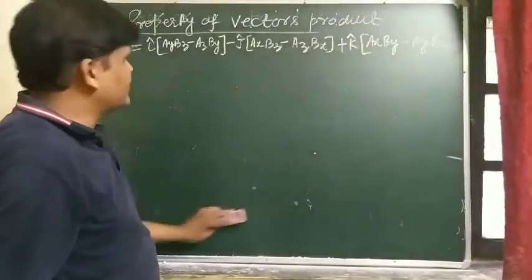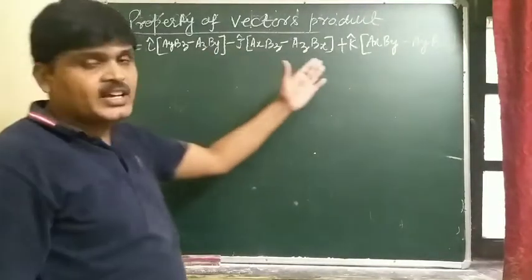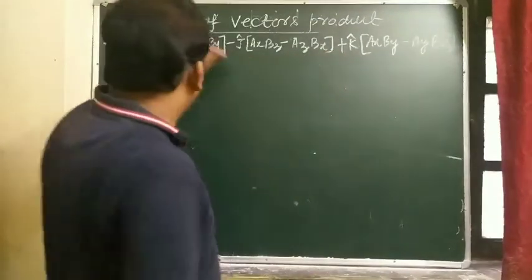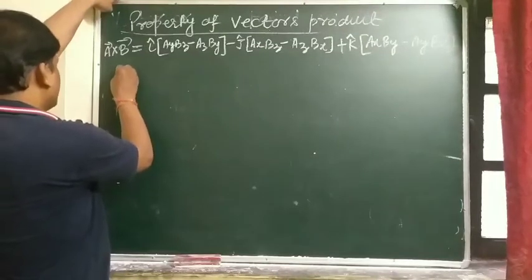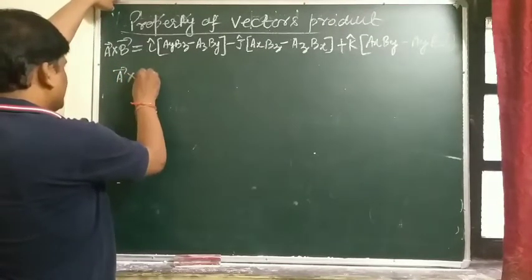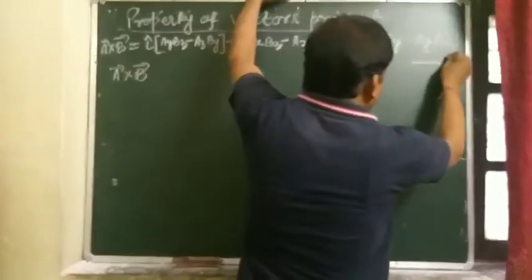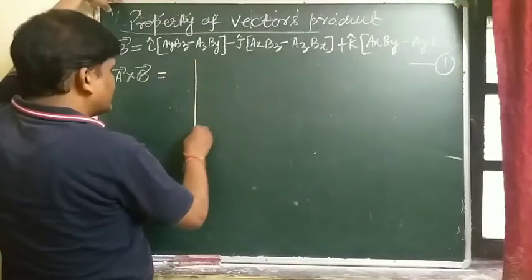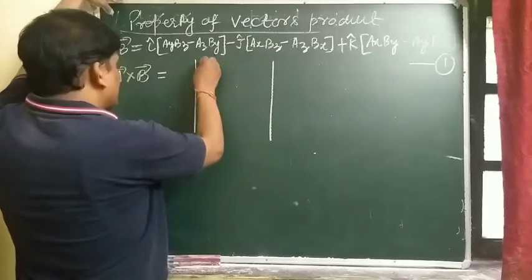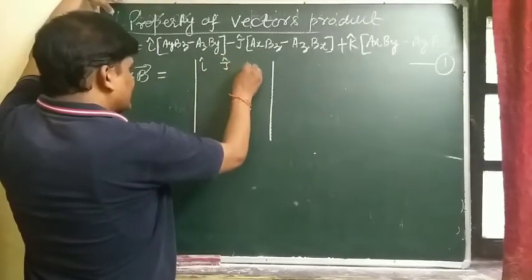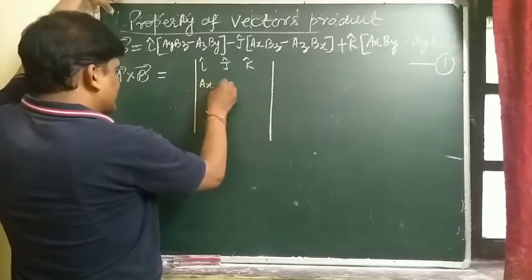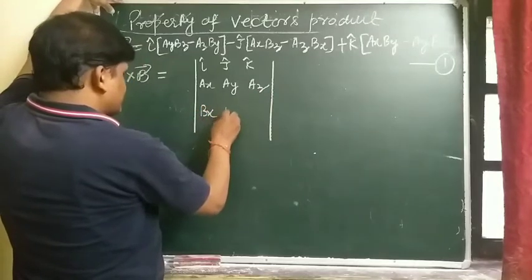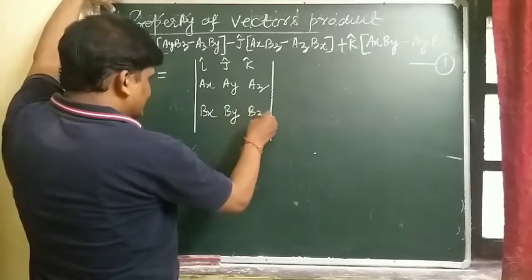So student, this complete A cross B can be written in the form of a determinant. This is the rectangular component of A cross B. This will be expressed in terms of a determinant. Suppose this is equation 1, and A cross B can be written in the form of a determinant: I, J, K; Ax, Ay, Az; Bx, By and Bz.